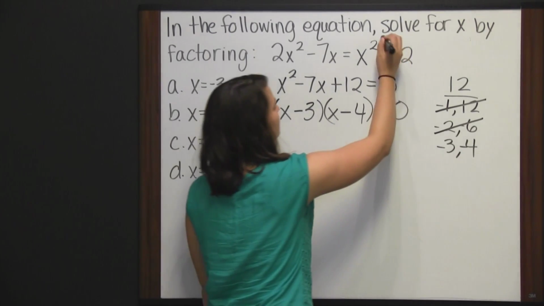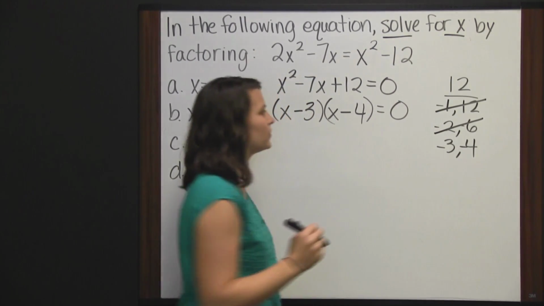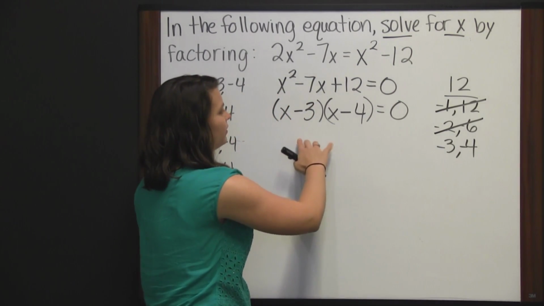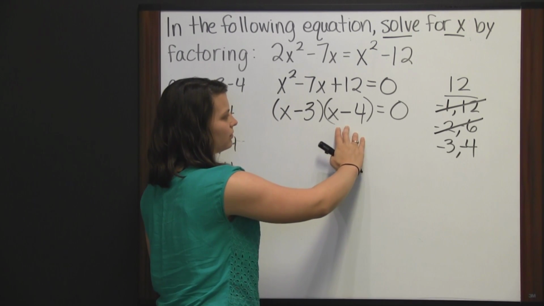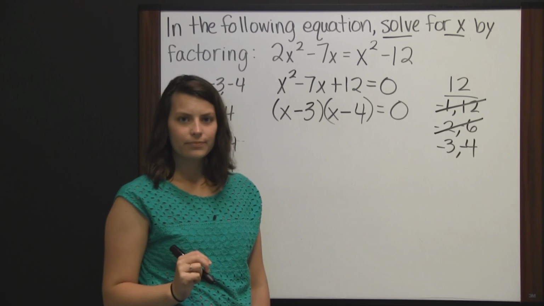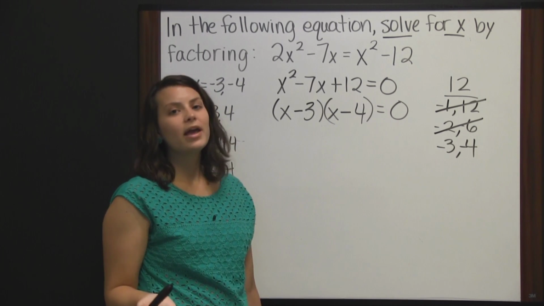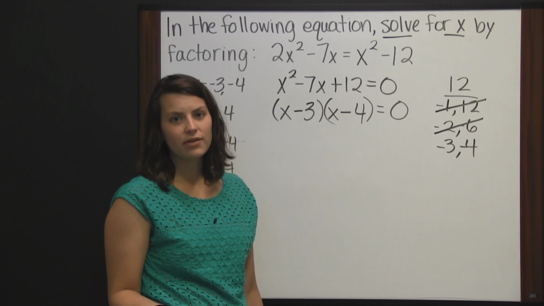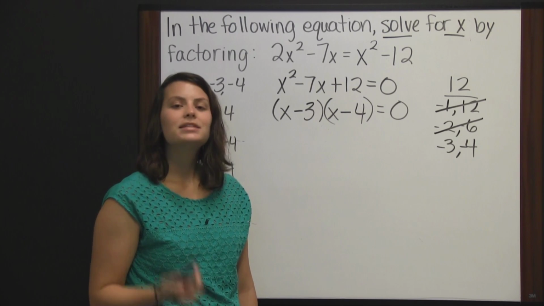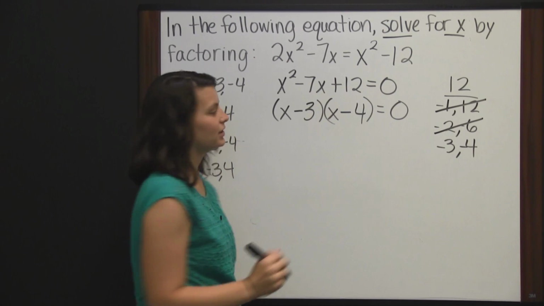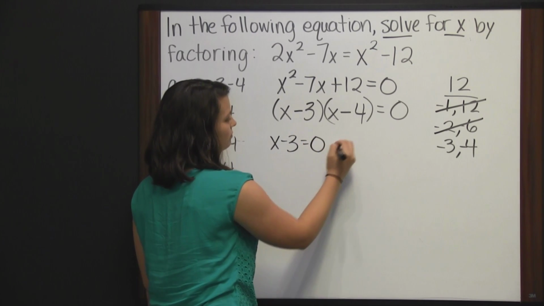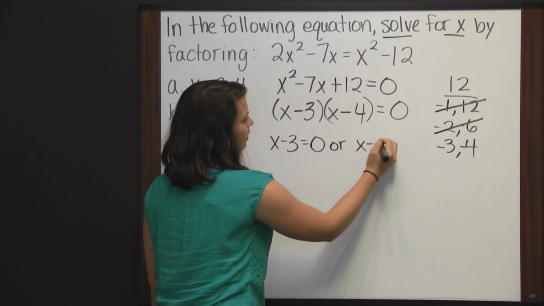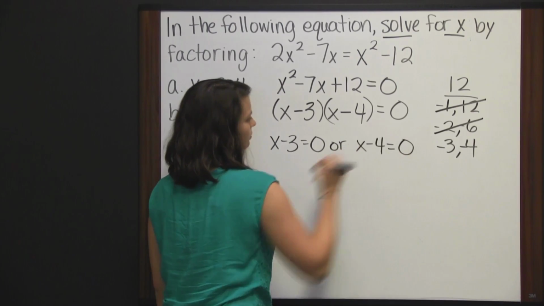But we still haven't solved for x. Here we have two expressions that we're multiplying together, and that gives us 0. The only way you can multiply two numbers together and get 0 is if one of them is 0. So that means that either x minus 3 must be 0, or x minus 4 must be 0.